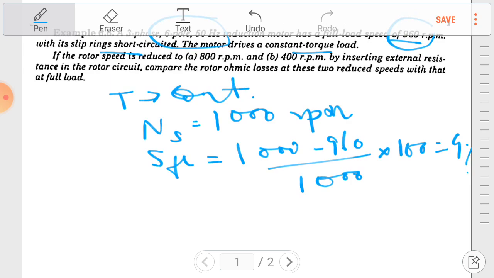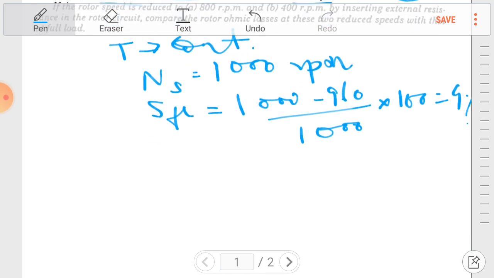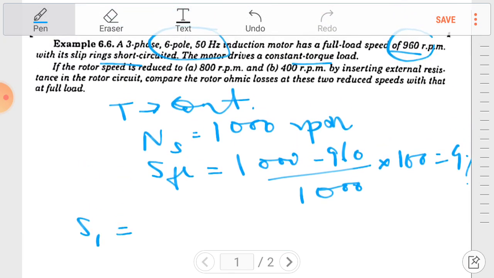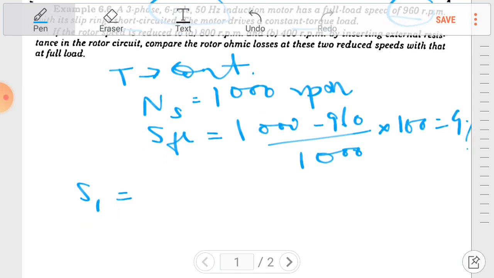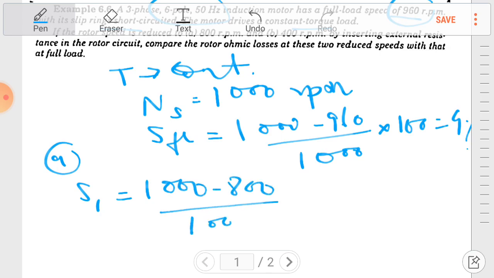He is saying if the rotor speed is reduced to 800 and 400 rpm by inserting external resistance, then compare the rotor ohmic losses at the two reduced speeds. So let S1 be found from the speed in option A: 800 rpm, (1000 minus 800) divided by 1000 into 100, which is 20%.